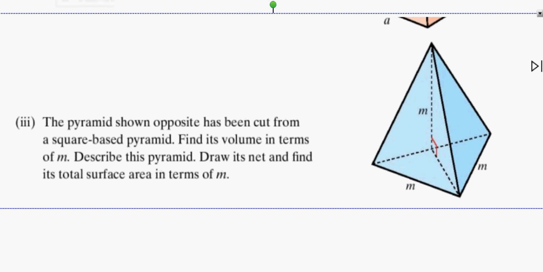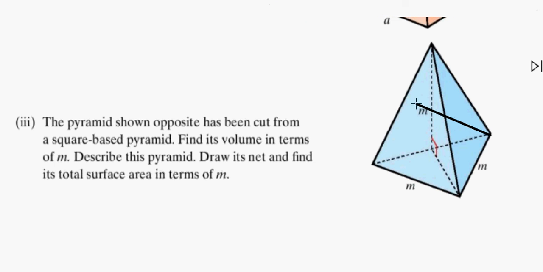Oh, so it's literally half a square base pyramid, is it? Imagine a square base pyramid and you cut it in half. If I was to continue that along, it looks something like that. But you cut that part off, so it's actually just half of it.